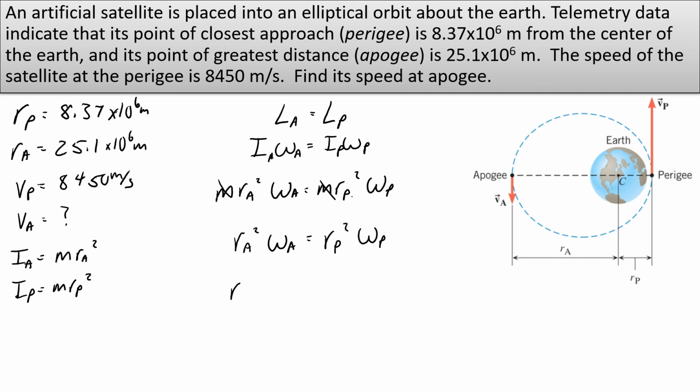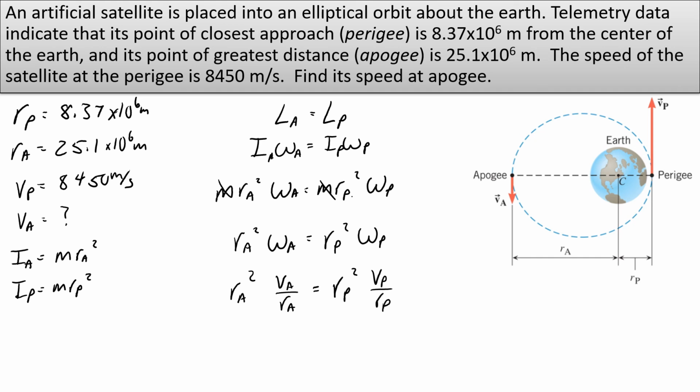For apogee, we have r squared times the velocity at apogee divided by the radius. This is your angular velocity at the apogee. You're changing your rate of rotation just like the ice skater is, so you sped up and slowed down. This is V over R, switcheroony.